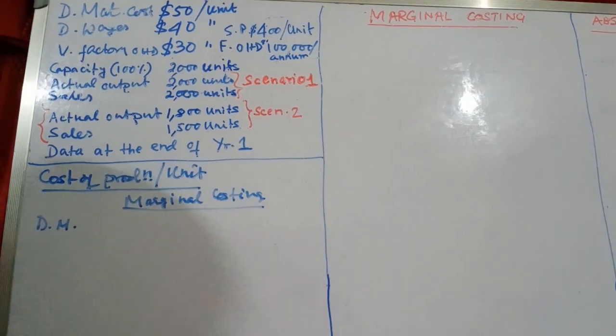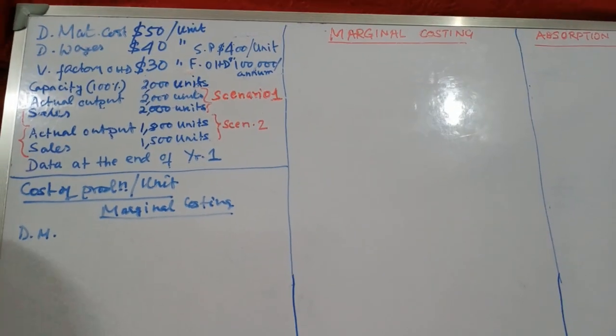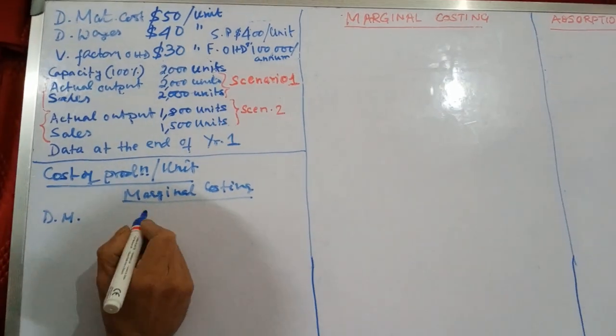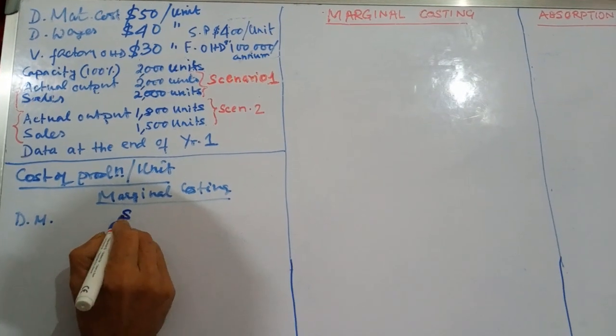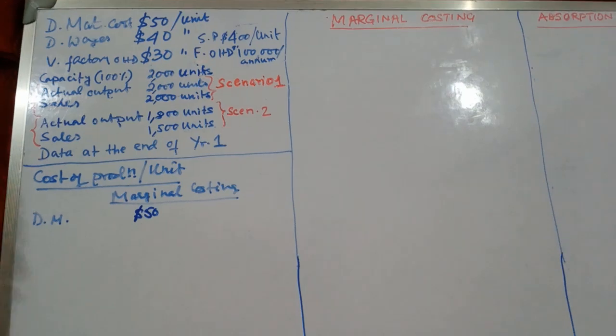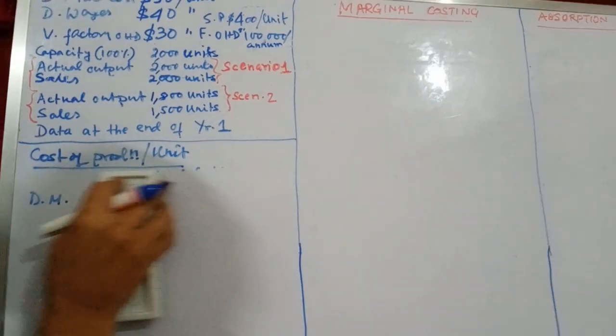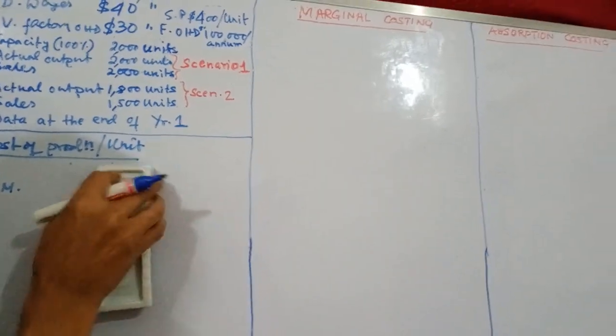Direct material cost, I am writing DM in short for direct material cost, $50. Let me work out marginal and absorption costing side by side so that I can save some space.